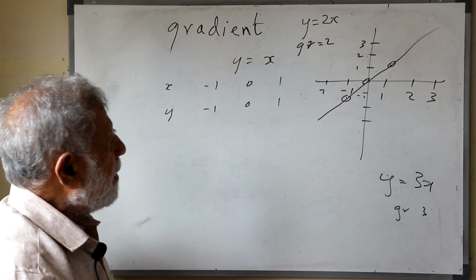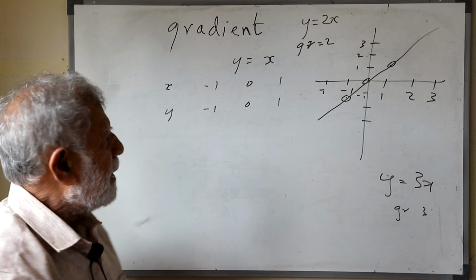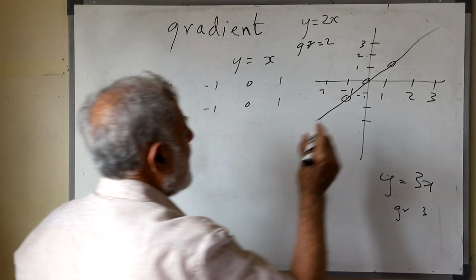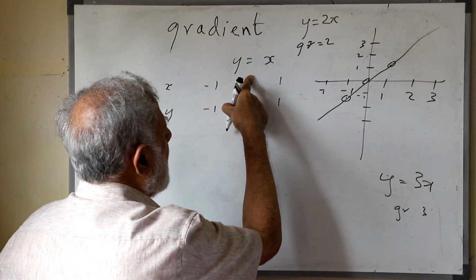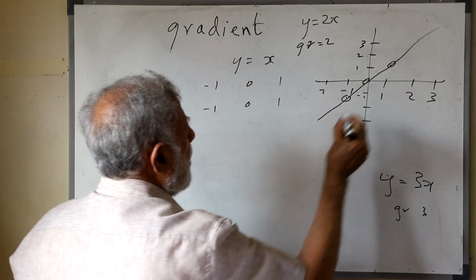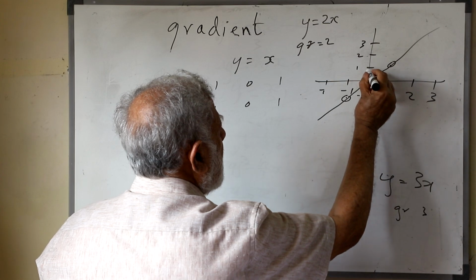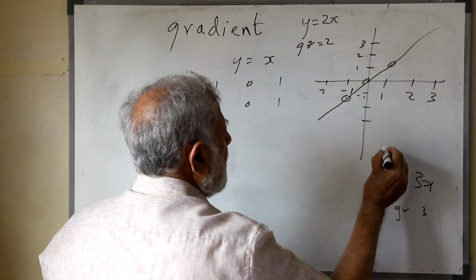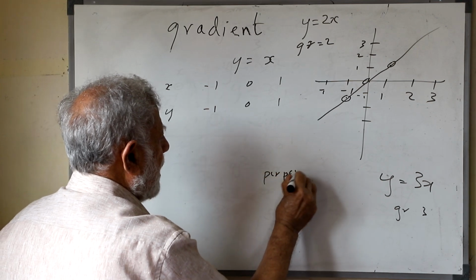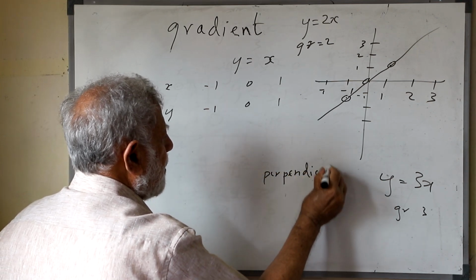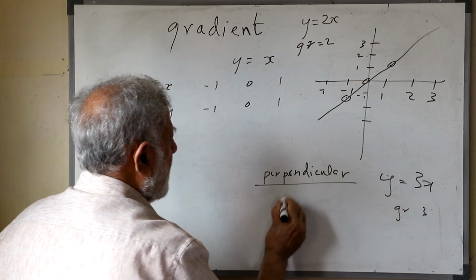But we can also show the gradient in the graph. How? Here in this particular graph, y is equal to x, the gradient is 1. How does the 1 come? Here we take the perpendicular upon base. The rule is to get the perpendicular divided by the base.